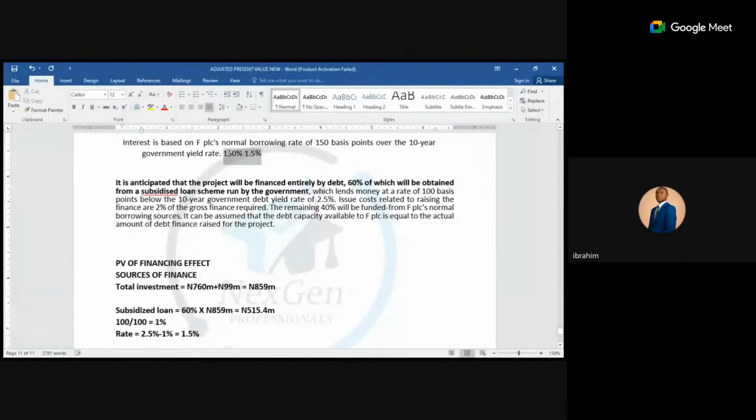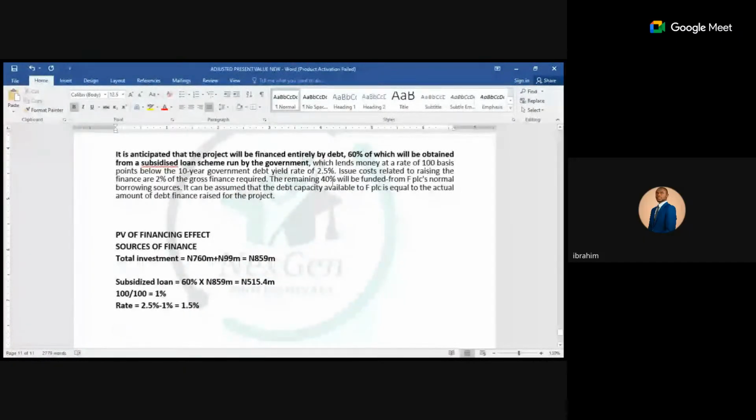Why government normally gives at 2.5, but they now subsidize it for them to be 1.5. Now, the balance, there is issue cost, right?